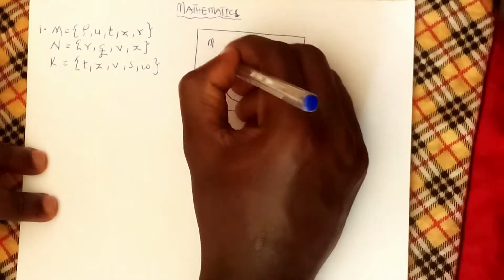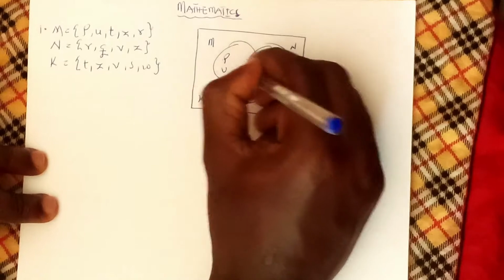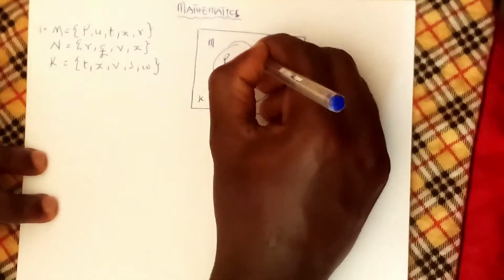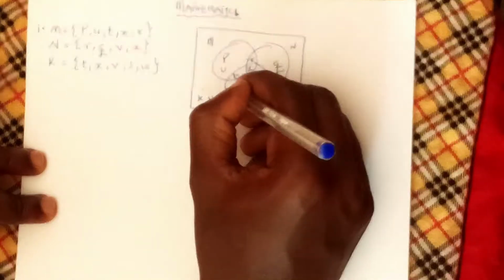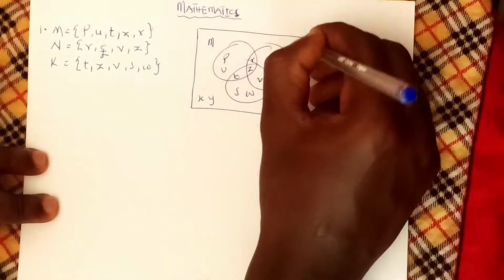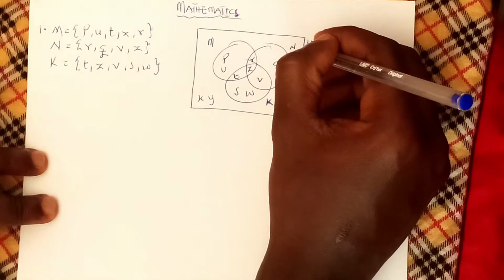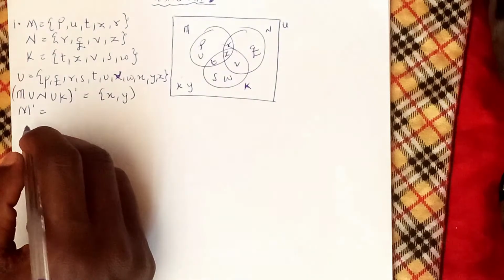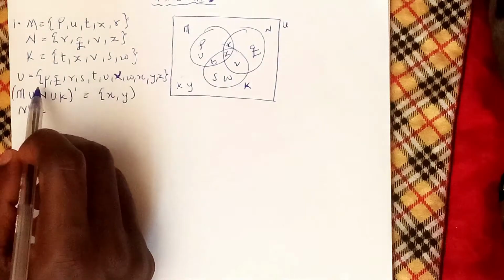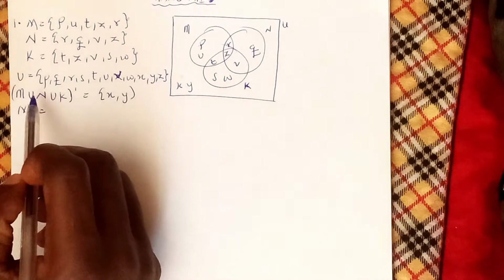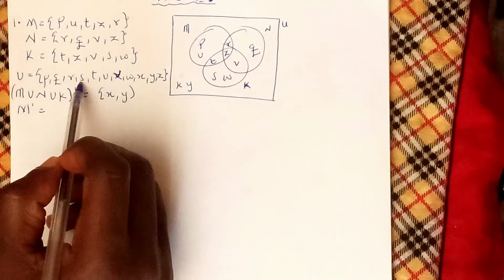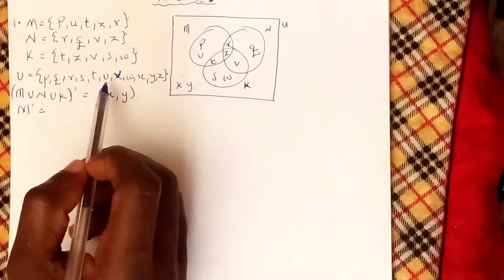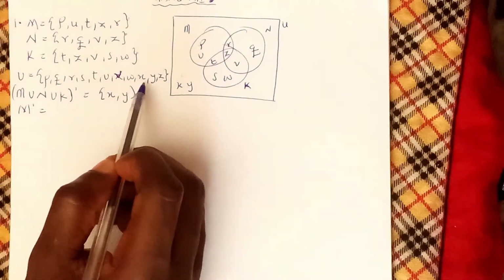You have P, U, T, Z, R, V, Q, S, and W. Let's list the universal set, of which we have P, Q, R, S, T, U, V, W, X, Y, and Z.